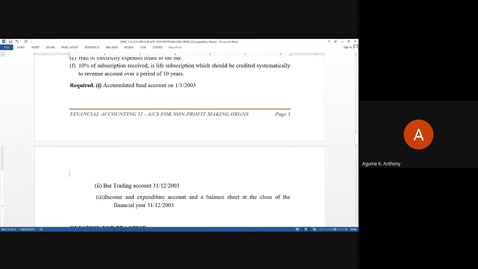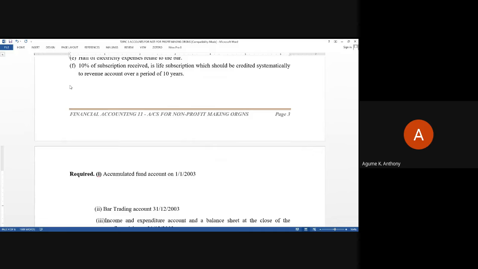So if I come here, my accumulated fund, we can put this on a fresh page so that it fits there. My accumulated fund, I will have the assets. So I need to look at the assets. So the assets that I have, one, I have buildings. So I have the non-current assets.